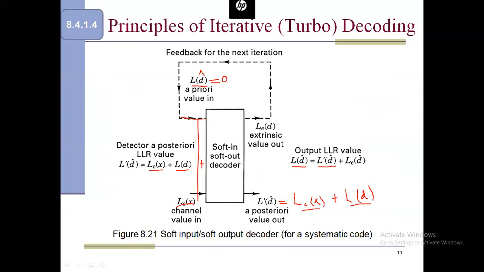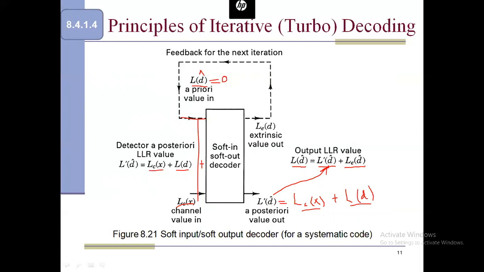Now the extrinsic value. Previously we had this value and we made a hard decision. But now, we have this value and we will add the extrinsic value.